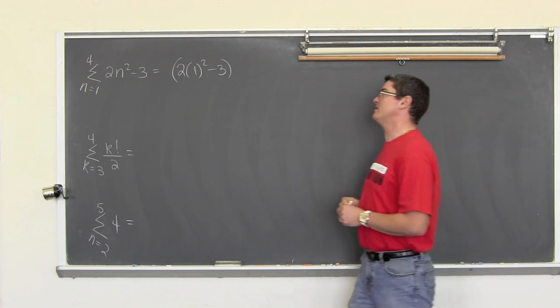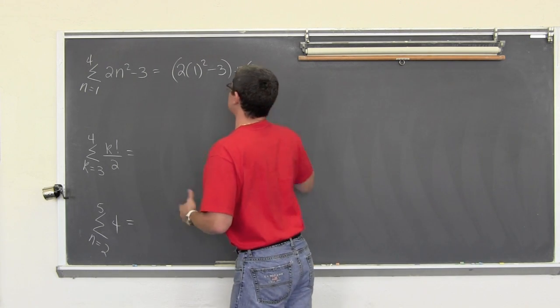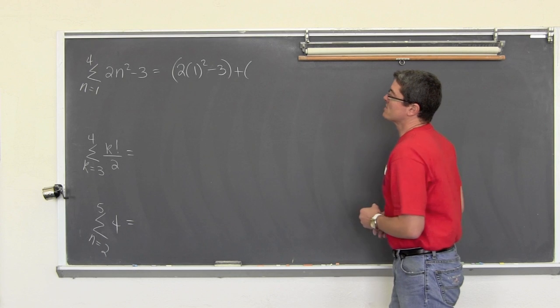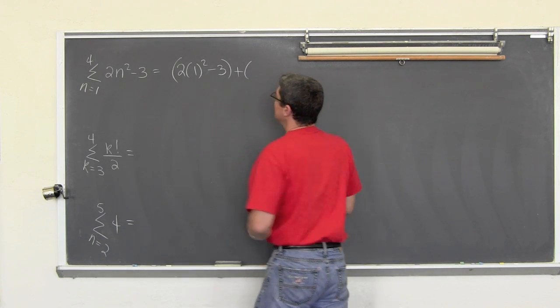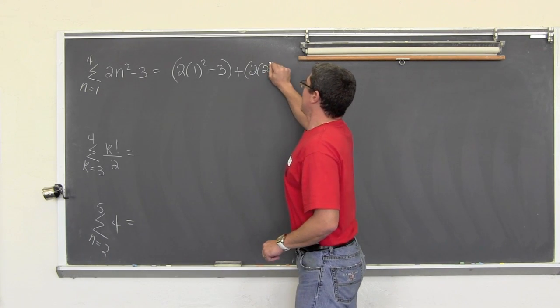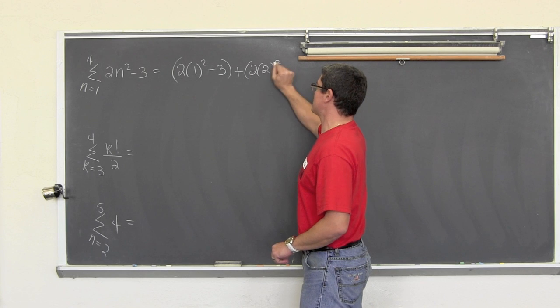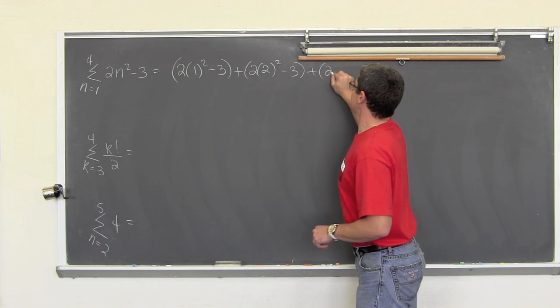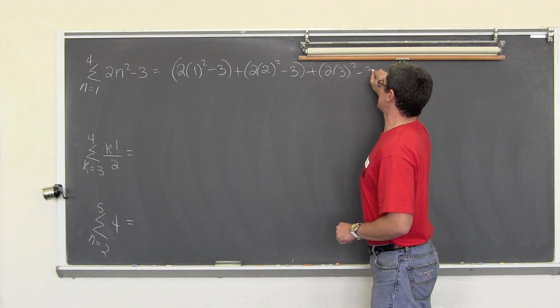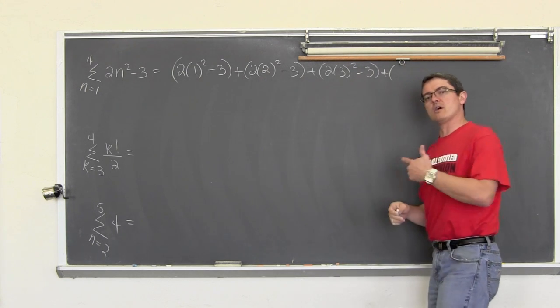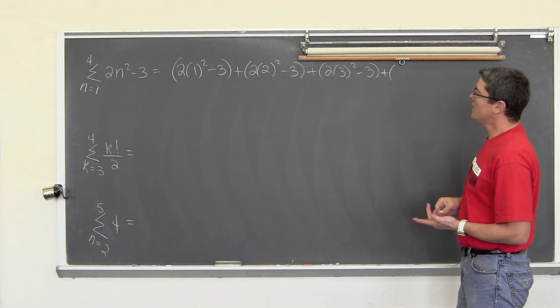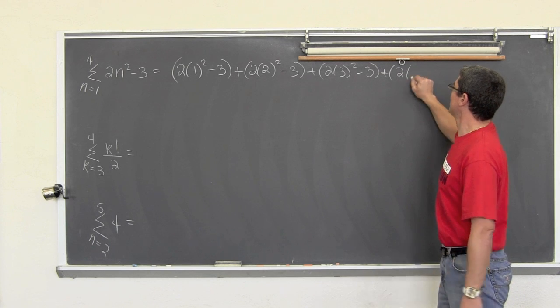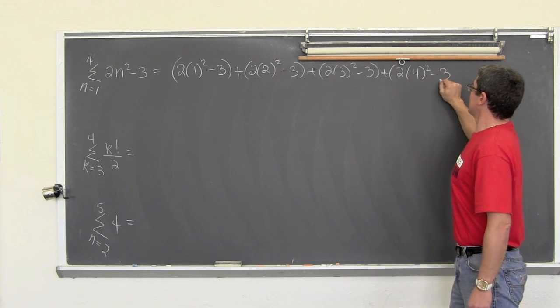We're going to plug in 2 and get 2 times 2 squared minus 3. And then we're going to plug in 3: 2 times 3 squared minus 3. And then finally reach our upper limit of 4: 2 times 4 squared minus 3.